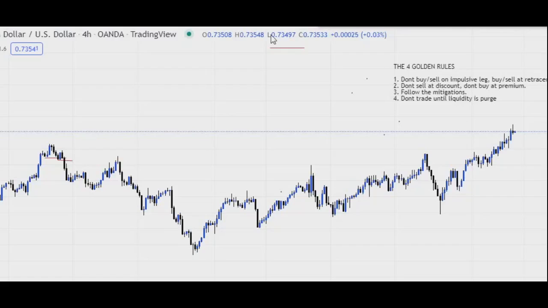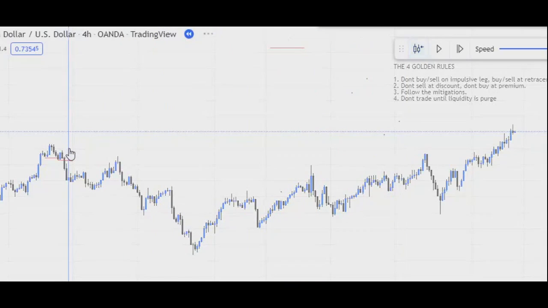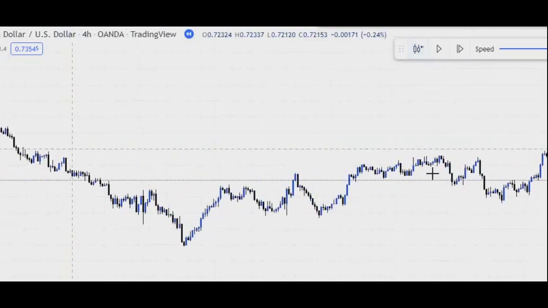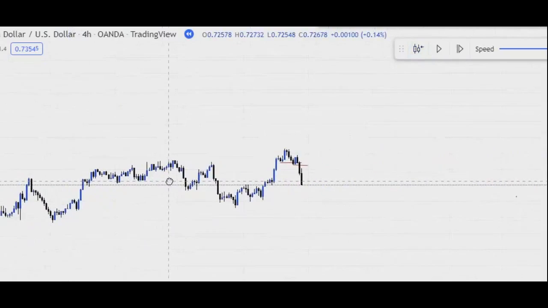So let's play price and see what we want to see. I want to show you step by step how to trade the market. Now let's start from here.